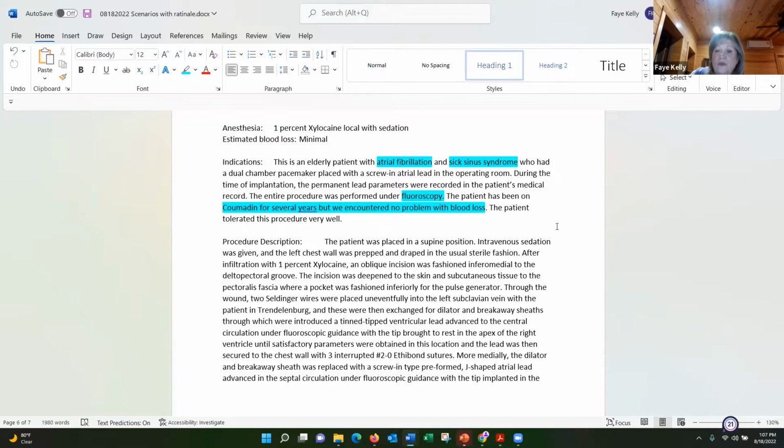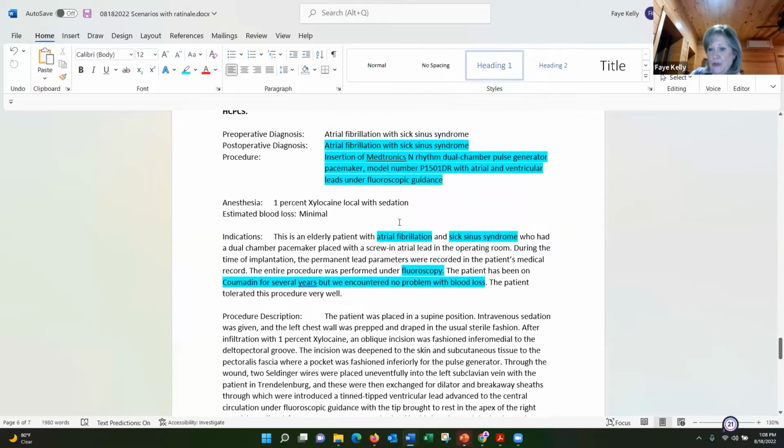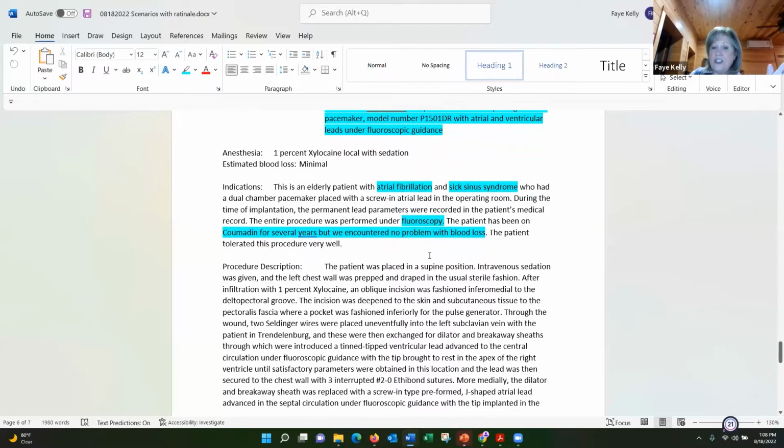And the fact that this patient was on Coumadin or any blood thinner before surgery is important for the physician to know, because even though this might have been a planned surgery and that physician could stop Coumadin the day before, you still got to be ready for blood loss.